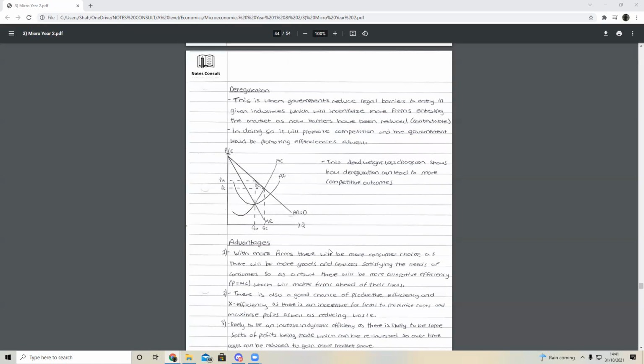So wouldn't there be less profits to invest back into their company? Yeah, there'll definitely be less profits, less than their profit maximizing output. Doesn't that mean dynamic efficiency decreases? Yeah, it's still there but it decreases, basically. But it's still a mentionable point.